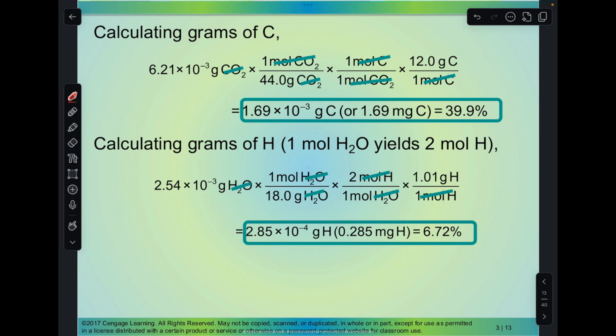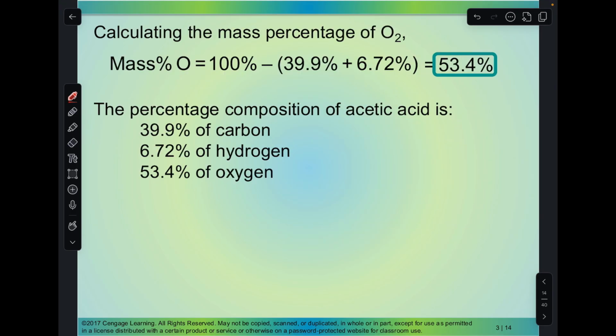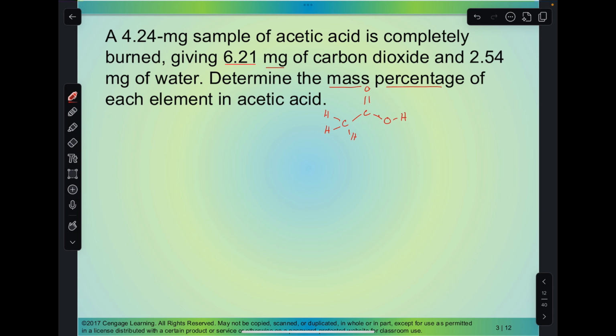All right, so this is already given. What I'm going to do is write this out again, and steal these numbers. So we have 6.21 times 10 to the negative 3 grams, and I'll steal that as well. And so let's calculate the grams of C. We want to know how much carbon was in the original sample. And just a reminder, let's write this out. So this is C2, we have 2 carbons, H4, we have 4 hydrogens, O2.